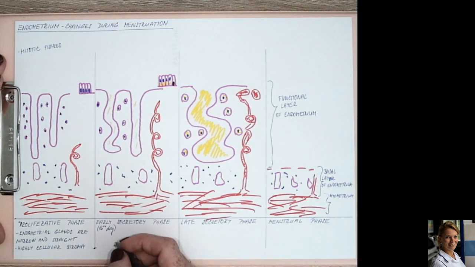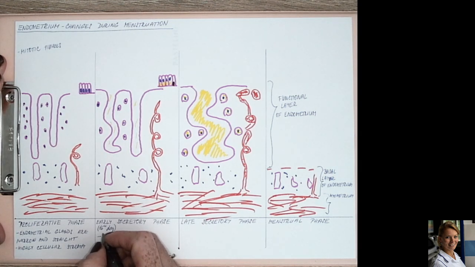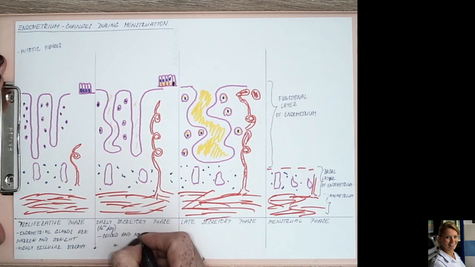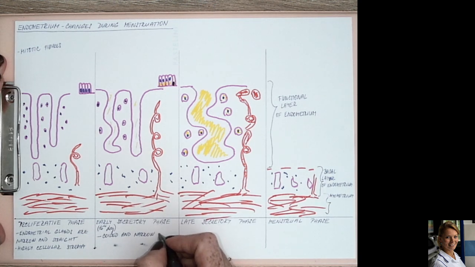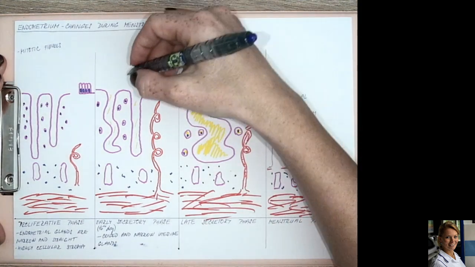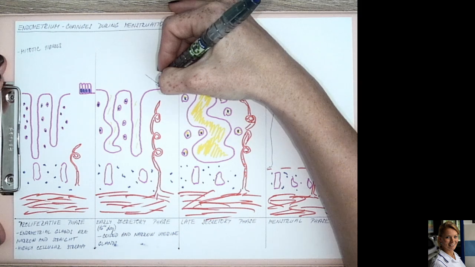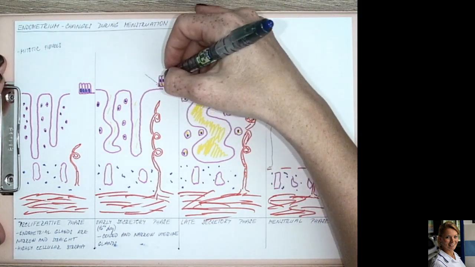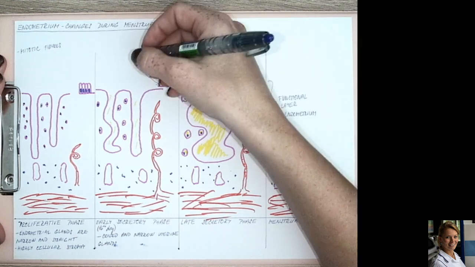Early secretory phase, the coiled and narrow uterine glands or endometrial uterine glands start accumulation of glycogen in the basal compartment of the columnar cells.